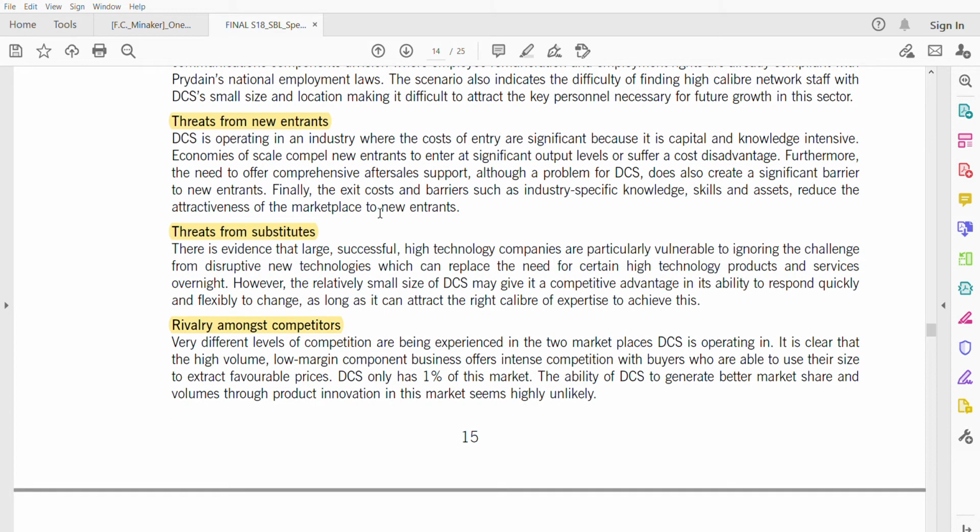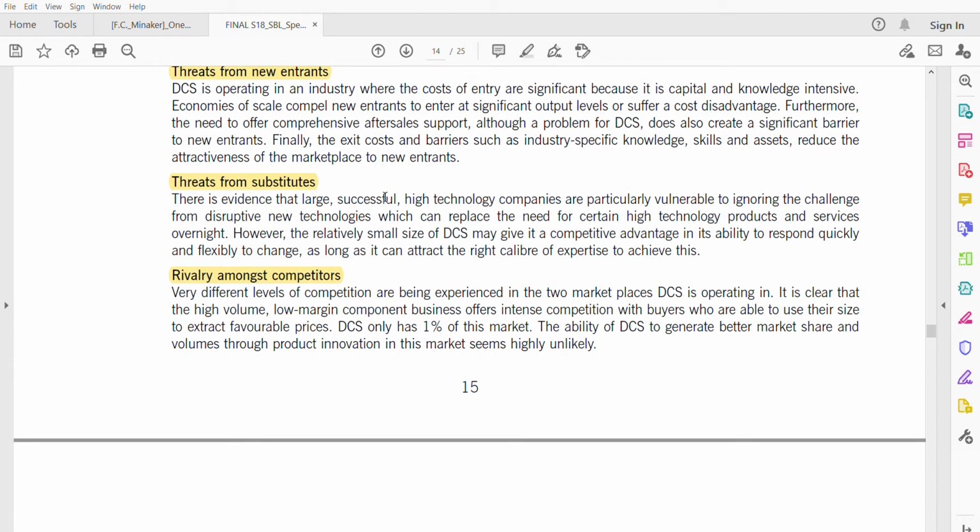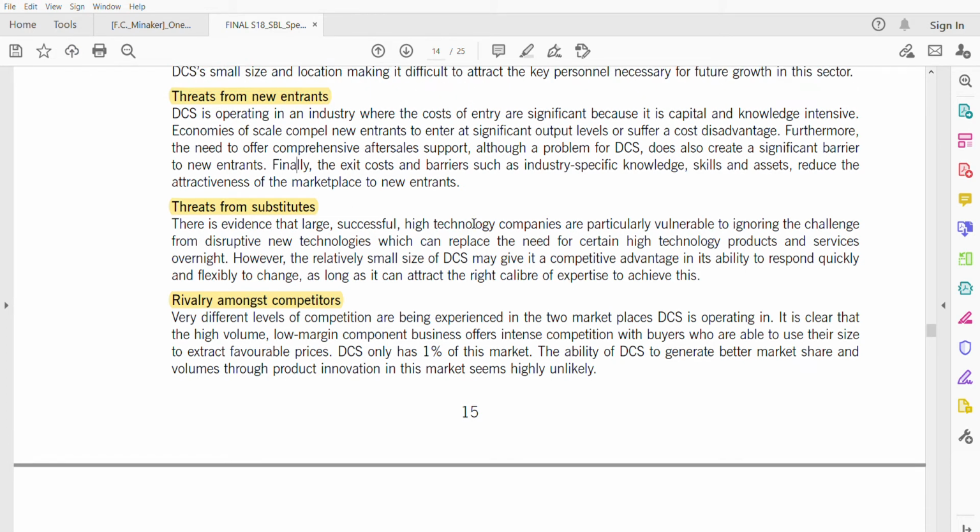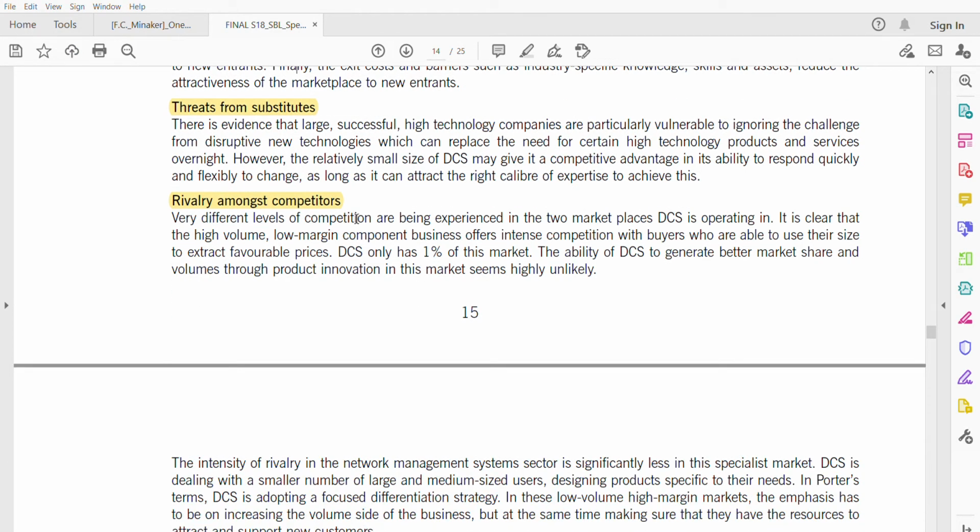Threat from substitutes. There is evidence that large, successful, high technology companies are particularly vulnerable to ignoring the challenge from disruptive new technologies, which can replace the need for certain high technology products and services outright. Exactly.